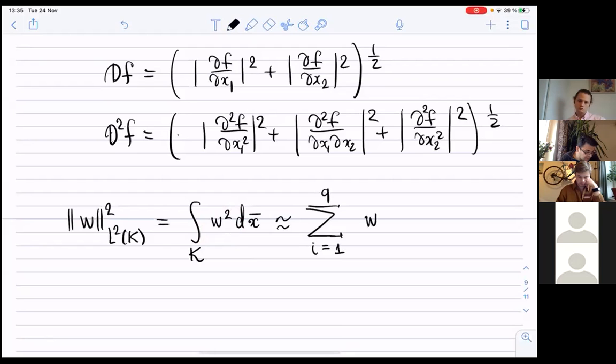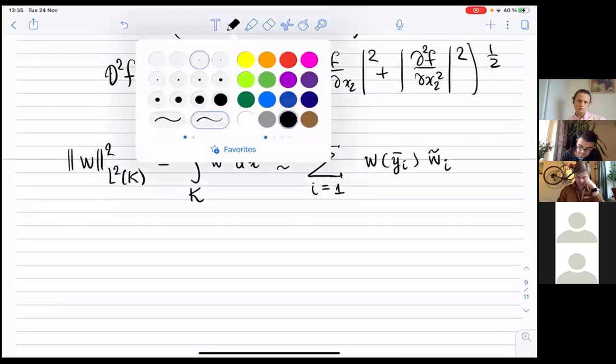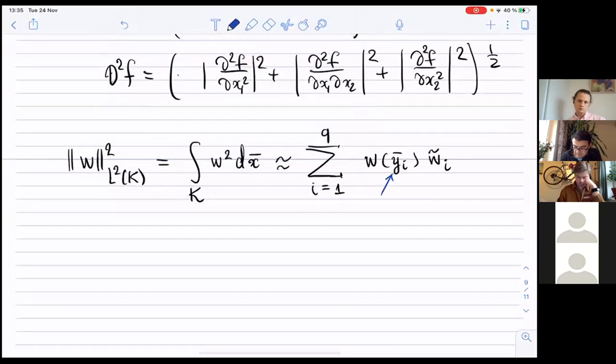So in my notation now, w of y_i, and here some weight, I will call the weight w tilde i. Here, this y_i are quadrature points, and this w tilde is the quadrature weight.